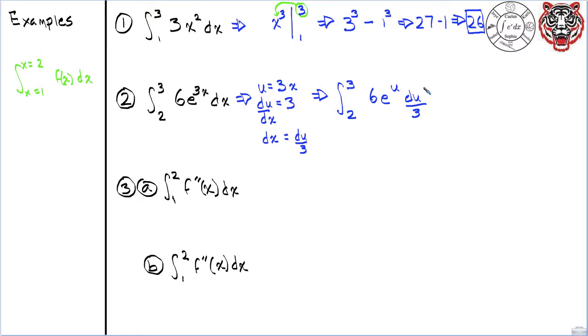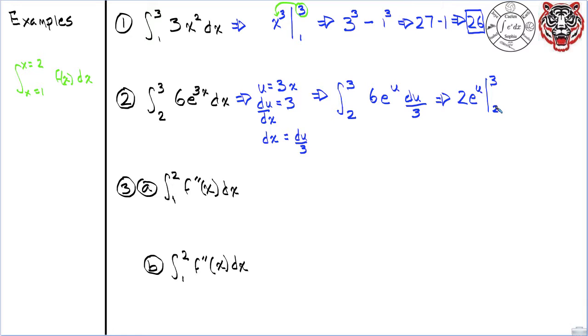All right, so now we have our u substitution done, and let's take the antiderivative. So taking the antiderivative, this was a 2e to the power of u. So e stays the same, so it's going to be still 2e to the power of u. And now I need to evaluate from 2 to 3.